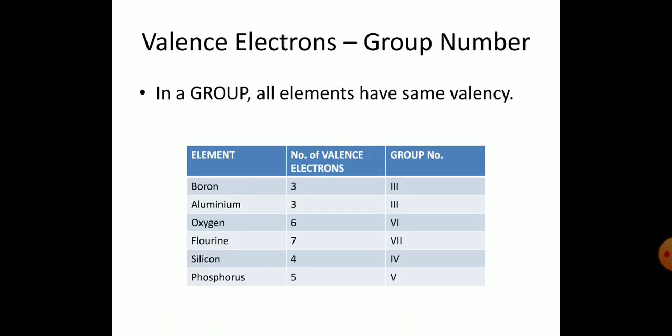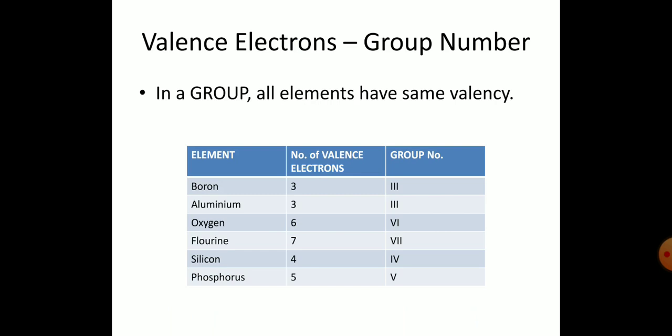Now, what are the valence electrons? We know the free electrons which are available in the outermost shell of an atom, which are available for reaction. Those free electrons will decide the group number. Now in boron we have 3 valence electrons.